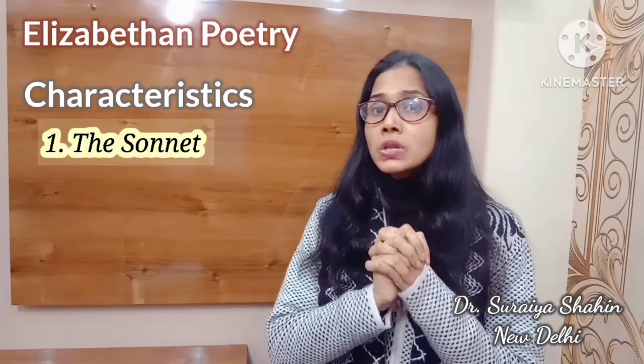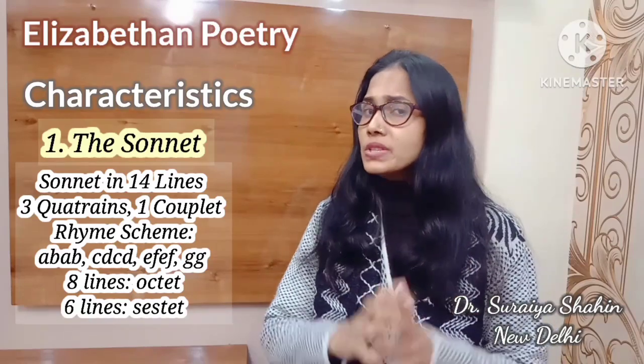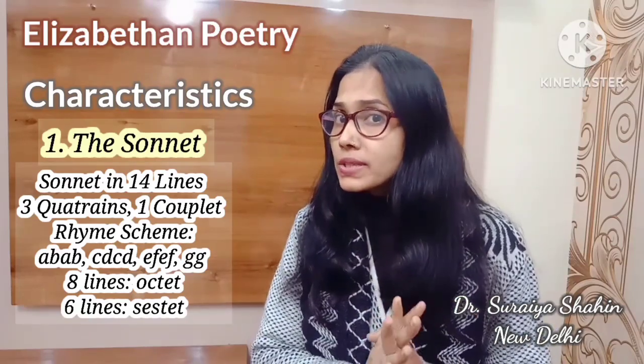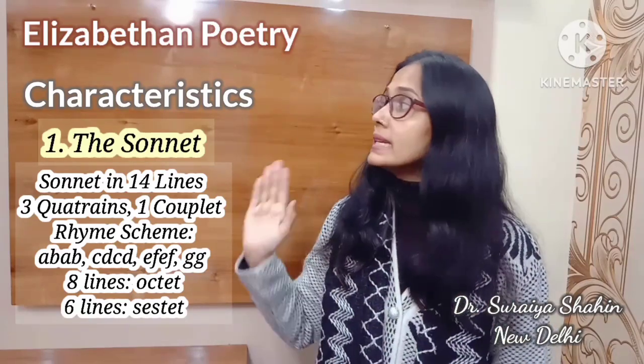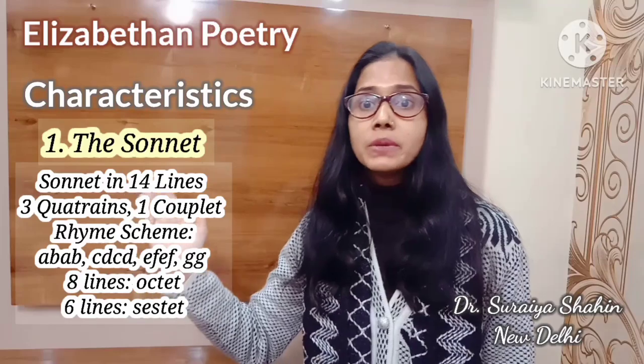The sonnet consists of 14 lines, which are often divided into 3 quatrains and 1 couplet. Remember it, the sonnet is written in 3 quatrains and usually in iambic pentameter.